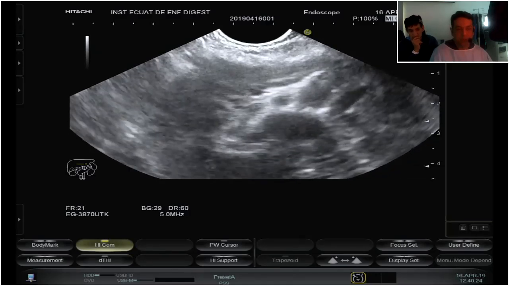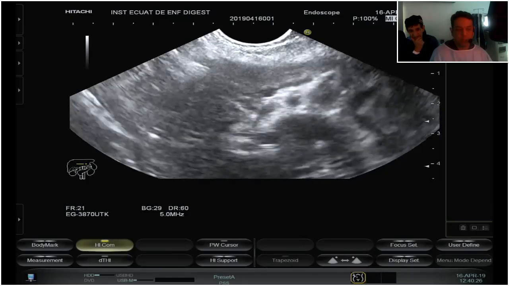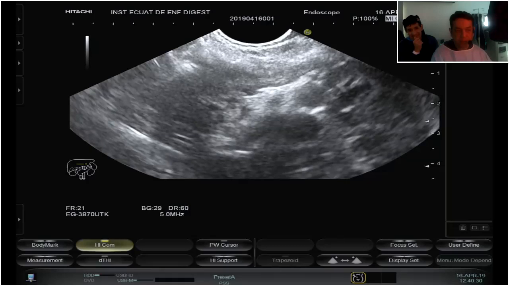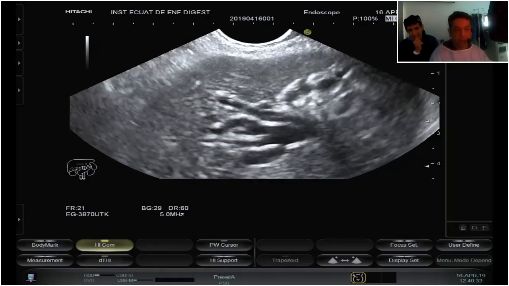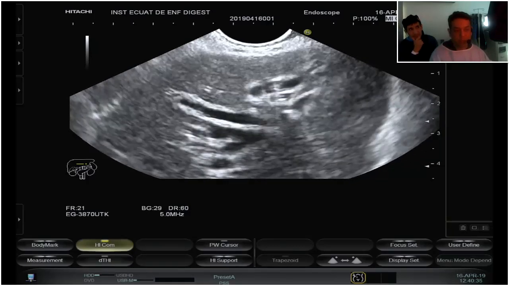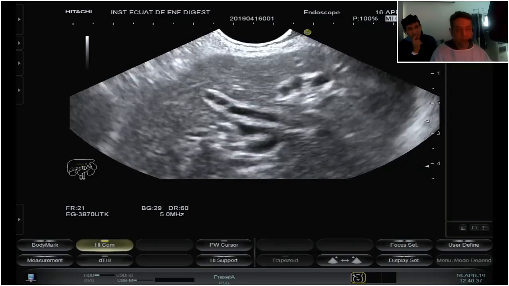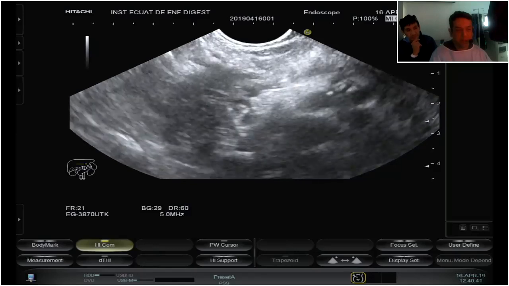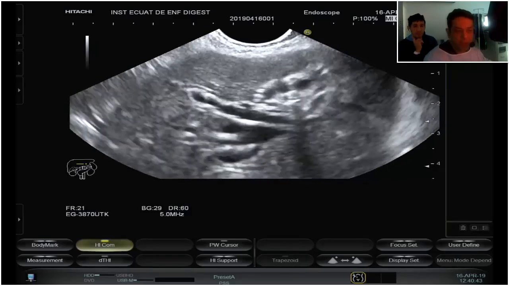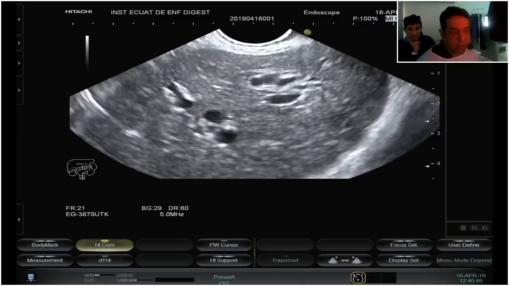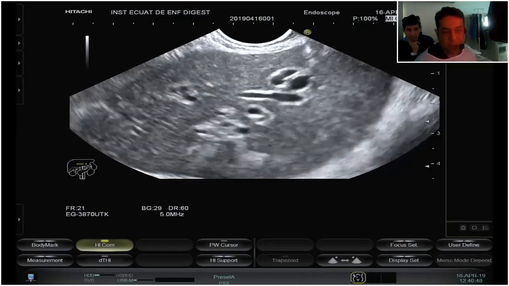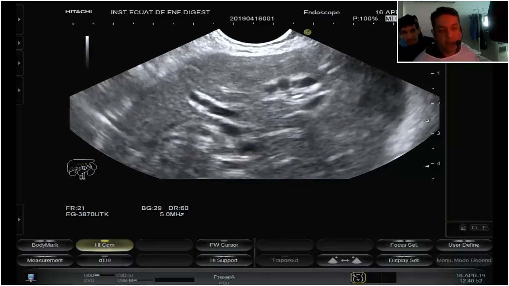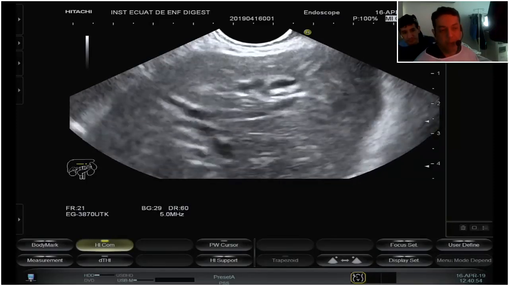The situation is that during my evaluation with US, I see a big dilation of the biliary tract, you can see there, but there is also cholangitis, and I see air inside the biliary tract. So it's very difficult that having air, this patient has a stenosis. Moreover, this patient doesn't have high levels of bilirubin.